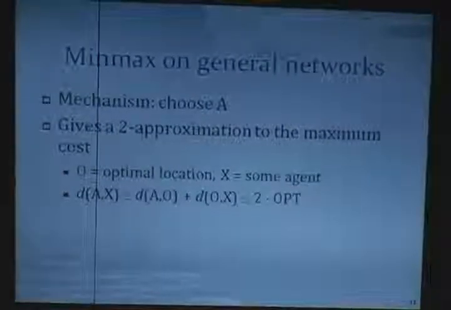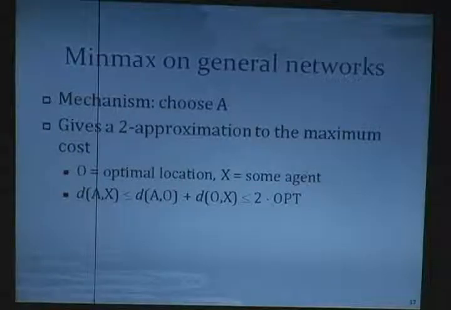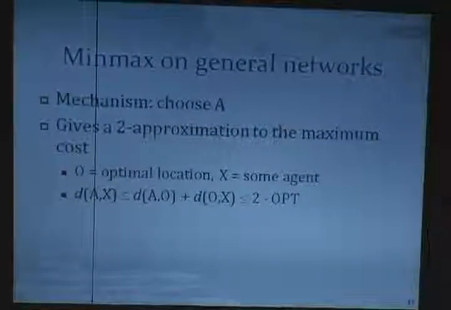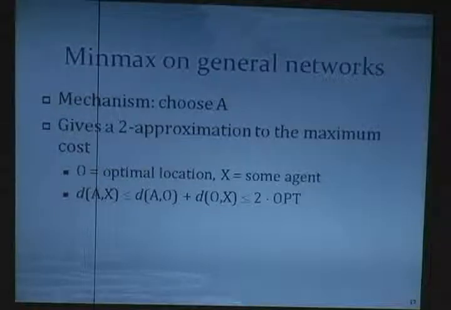It's at most the maximum distance between O and any other agent. And the same is true for the distance between A and O, which is identical to the distance between O and A. So this thing is at most twice opt, and this is true for any agent X. So the distance to any agent from A is at most twice the cost of the optimal solution.